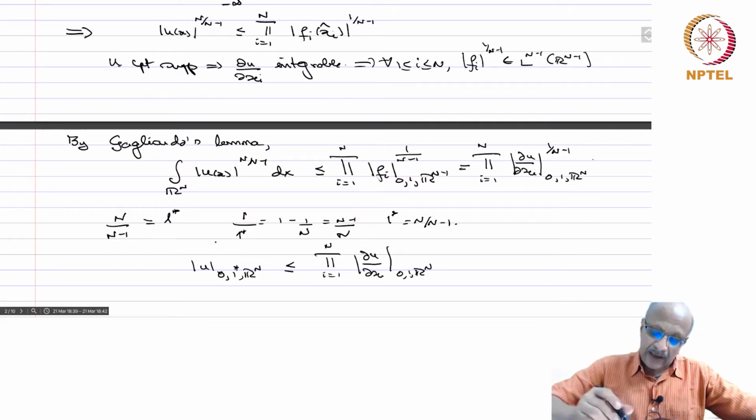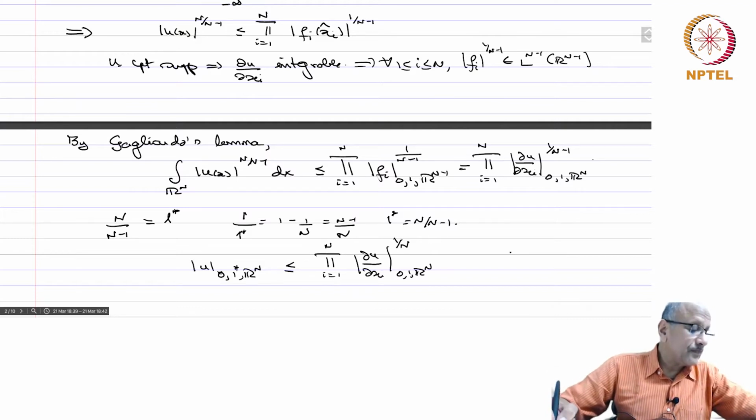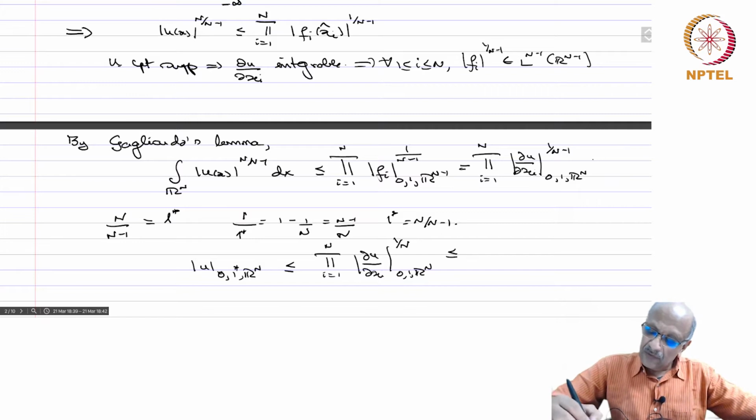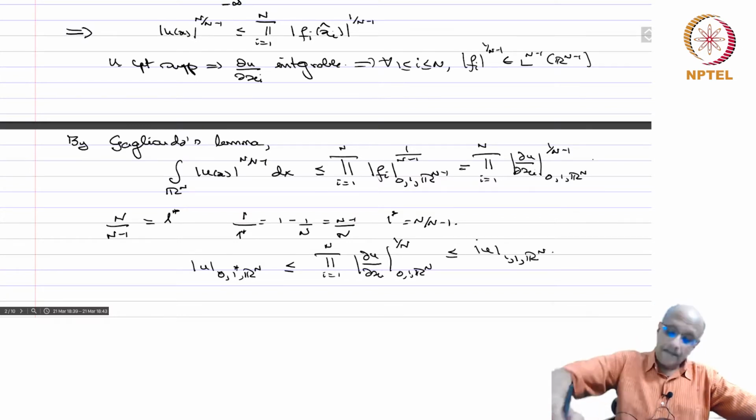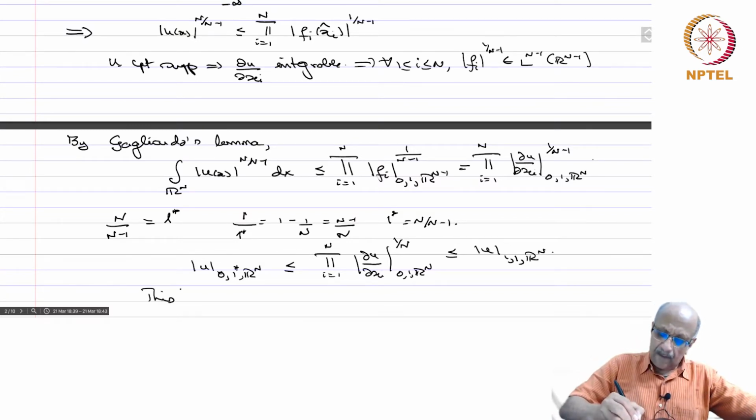Now here I have taken the n minus 1 nth power of this norm, so I have to take the n minus 1 by nth power, so I will get 1 by n on this side, okay. And now each of these is less than the norm of u in W^(1,1)(R^n), and there are n of them, and I am taking the nth root, so this is just less than the norm of u in W^(1,1)(R^n).